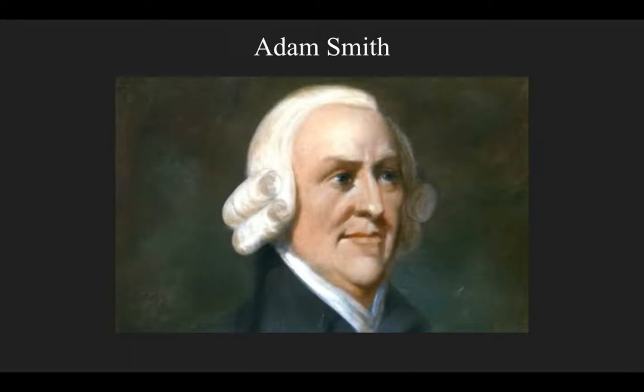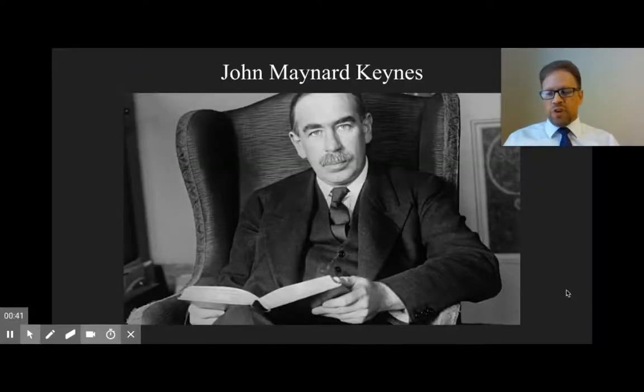Now, classical economics had dominated the U.S. economy until the Great Depression. Although, as the Great Depression struck, Keynes theorized in his book, General Theory of Employment, Interest, and Money, that the economy did not actually self-regulate, which was very different than what economists like Adam Smith suggested would happen.